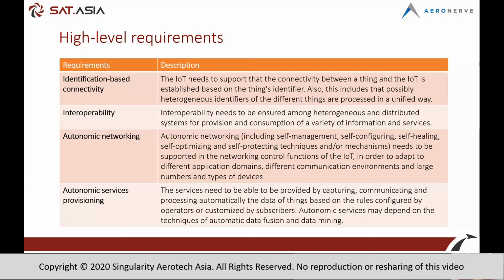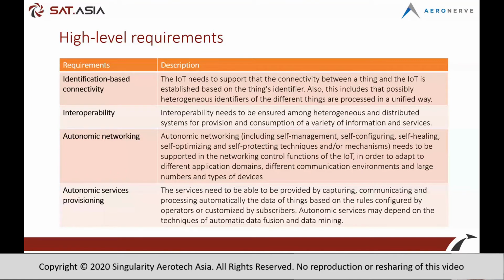The third requirement is autonomic networking. Autonomic networking includes self-management, self-configuring, self-healing, self-optimizing, or self-protecting techniques or mechanisms. And it needs to be supported in the networking control function of the IoT.